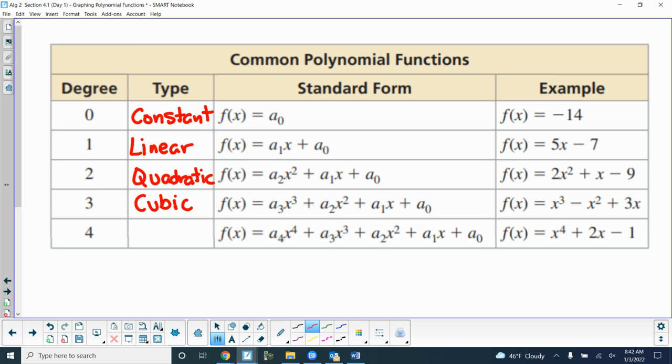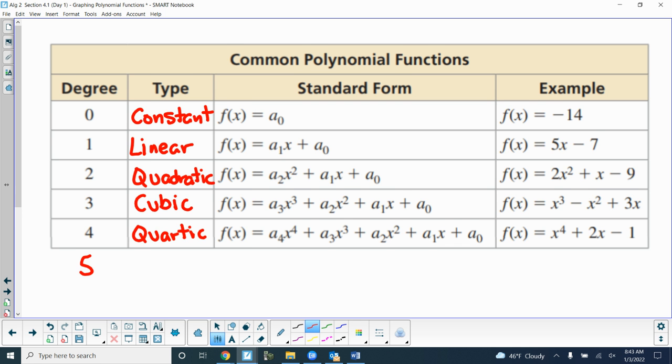When you have four people singing or four people playing an instrument, what do you call that? A quartet. Well, we call a polynomial to the fourth power, or fourth degree polynomial, a quartic. Not quartet, but close. A quartic polynomial.